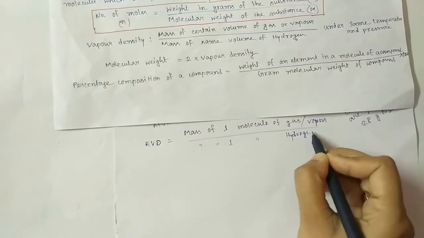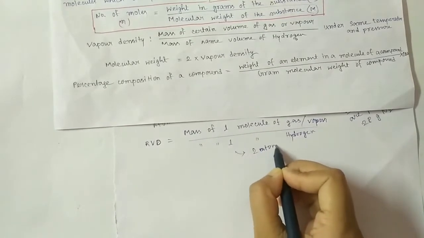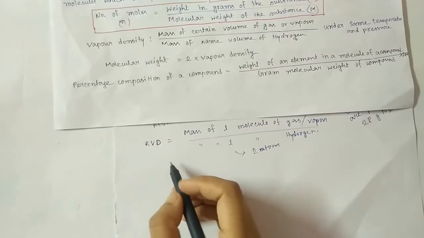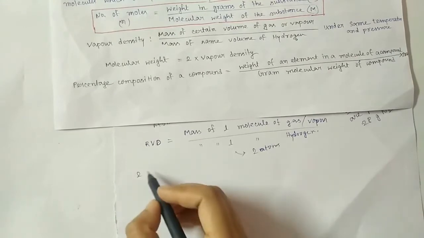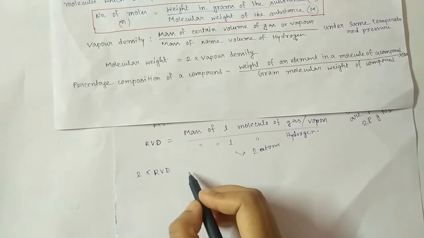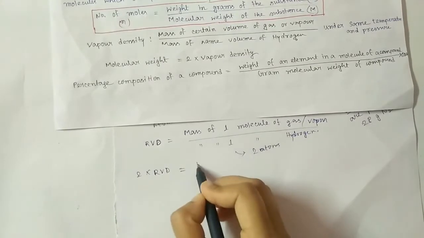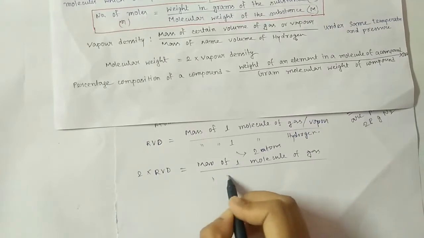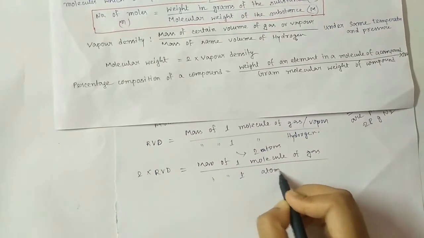Now we all know that hydrogen has 2 atoms. So if we multiply both sides by 2, we'll get 2 RVD, relative vapor density, is equal to mass of one molecule of gas by mass of one atom of hydrogen.